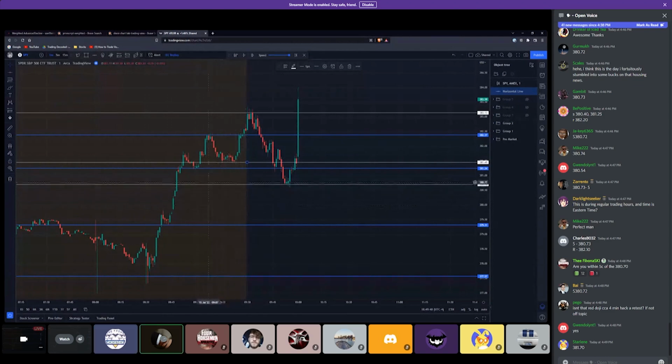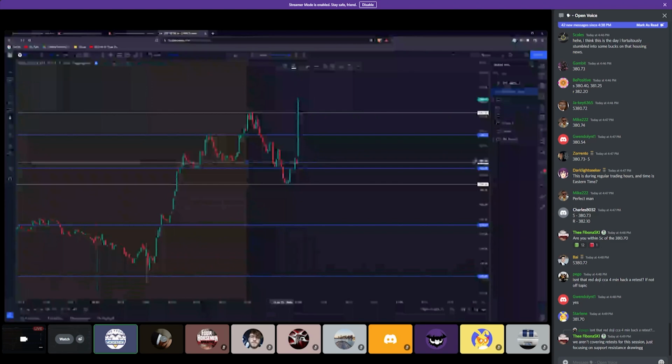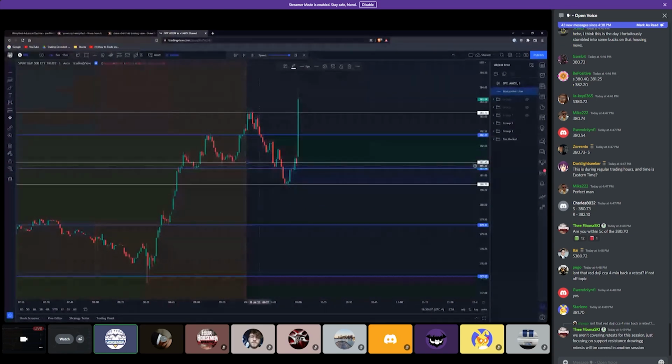In the pre-market, we did have some support here, but as you can see, it broke through. It broke through. It broke through. It's not being respected at all. So even if you drew this line, like I said, pre-market, you wouldn't have been right. I would have deleted it at this point because it's just not being respected.